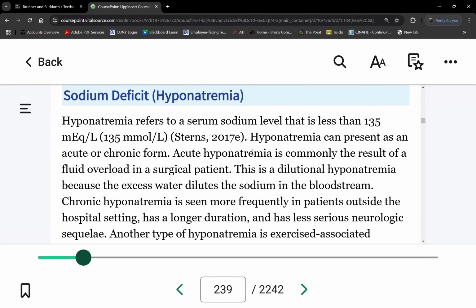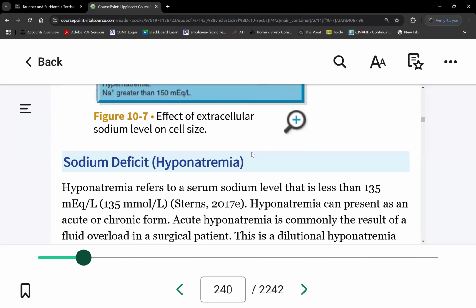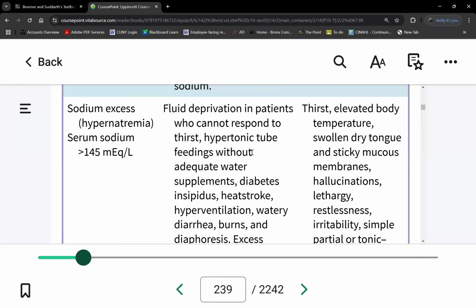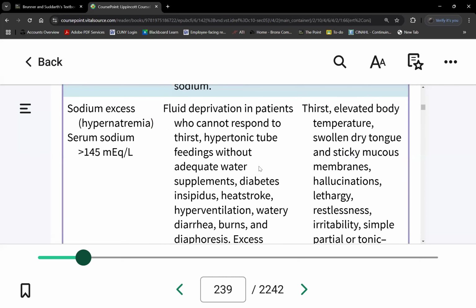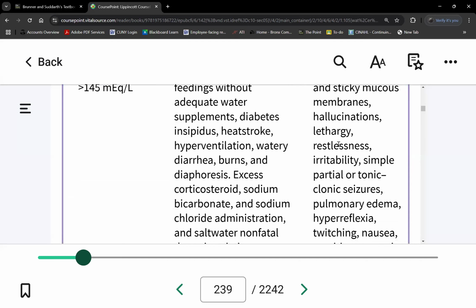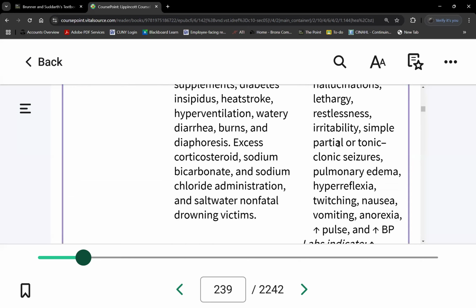I'll come back to this table when we get to the, you know what, let's do it now. So for hypernatremia, this is now the opposite problem. These are your manifestations. It's higher outside the cell, meaning it's higher in the bloodstream. So the patient will be thirsty because it's less inside. Elevated temperature. You see the sets of signs and symptoms?